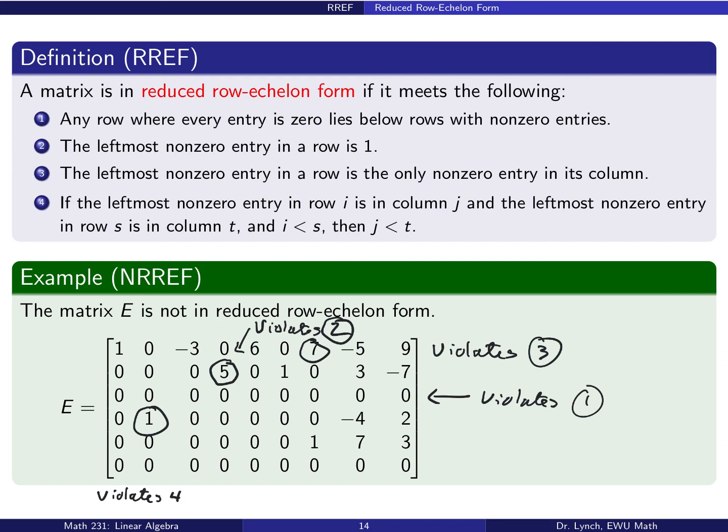And the fourth has to do with rule number 4, where we have the leftmost entry, in this case row 4, column 2, and compare that to the leftmost entry in row 2, column 4, right? So we don't have I less than S and J less than T. Okay, so we'd have to swap those around in order to have this in non-violation of number 4.